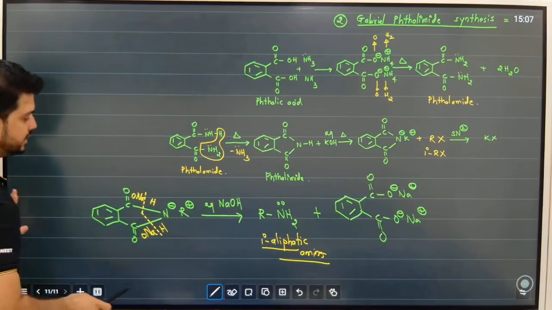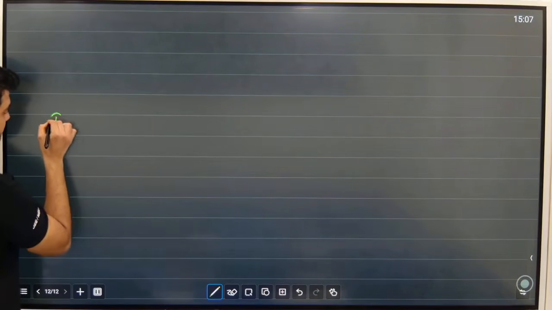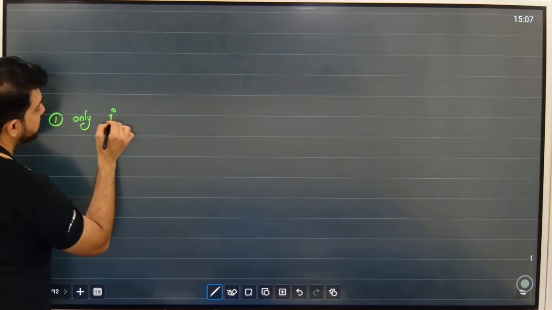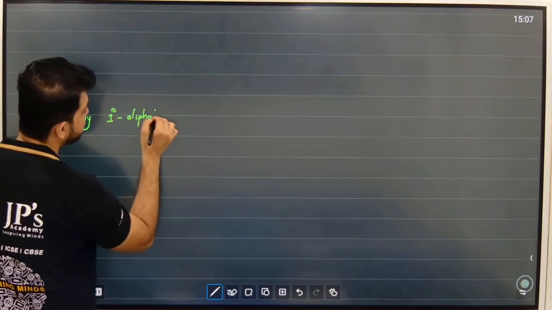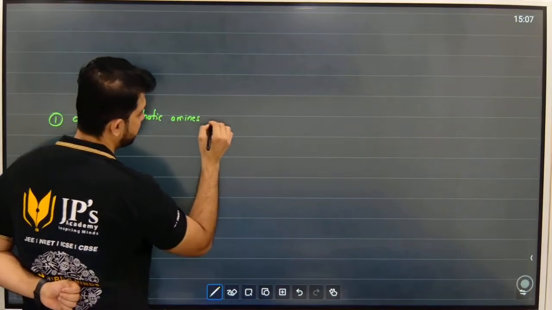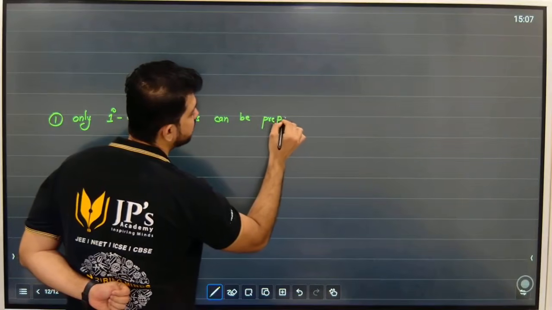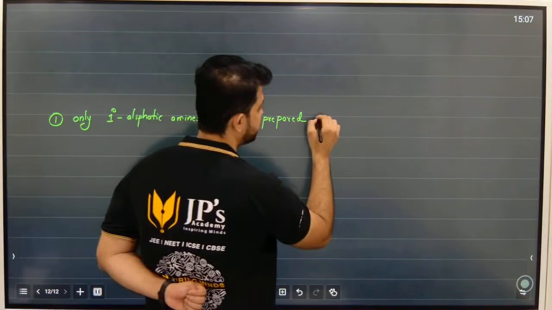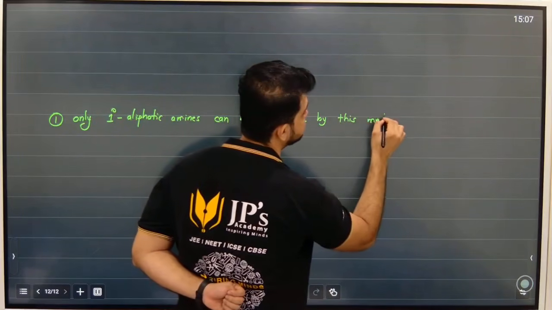So let's write some more points over here. For Gabriel phthalimide synthesis, only primary aliphatic amines can be prepared by this method. I repeat, only primary aliphatic amines can be prepared by this method.